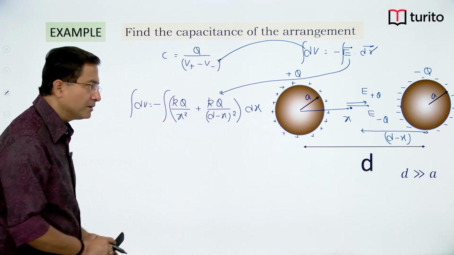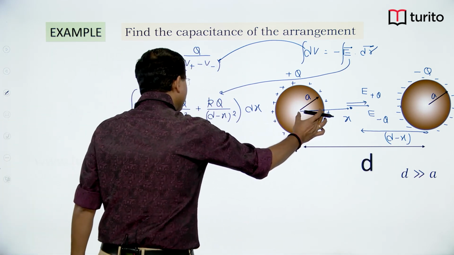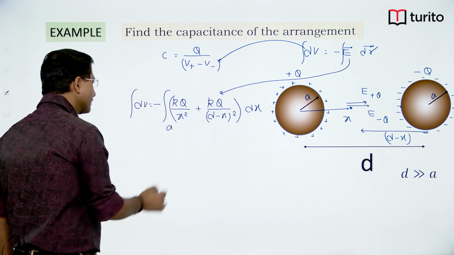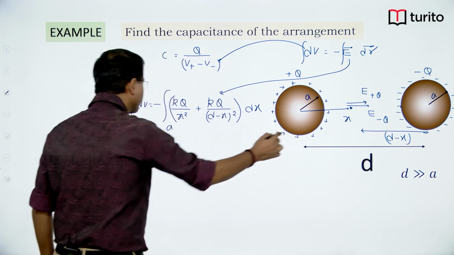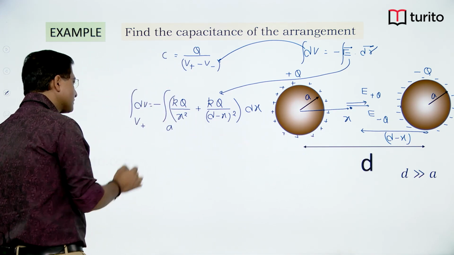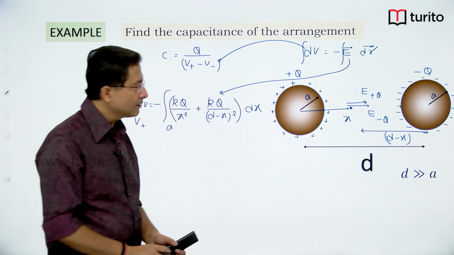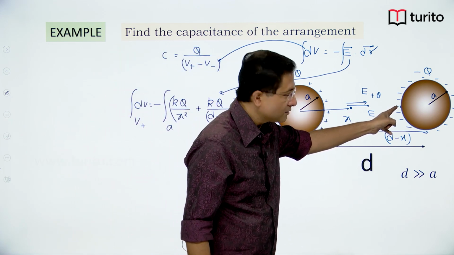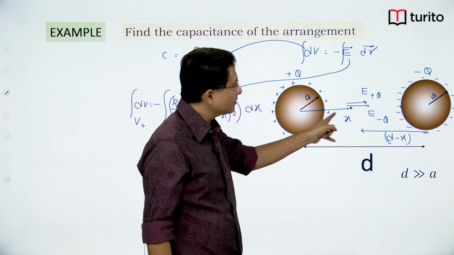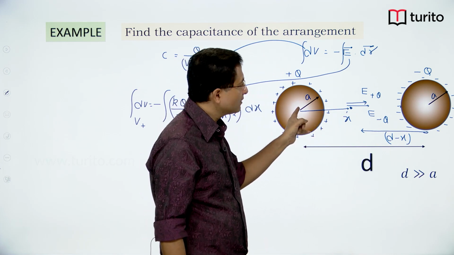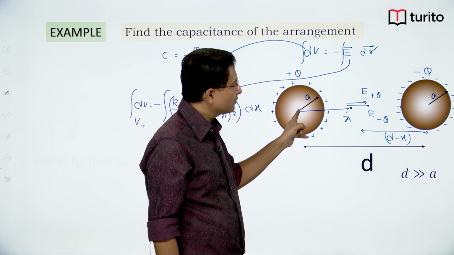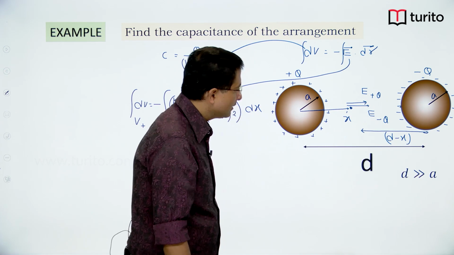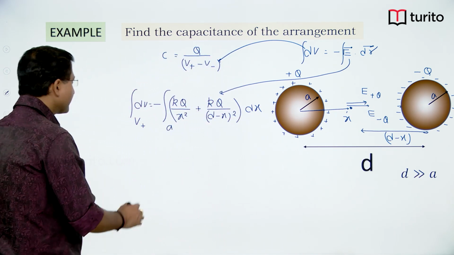So, the limit will be x equal to a, where we are on the positive sphere at V plus. Then as I increase x, I will reach the surface of the other sphere. I assume this x to be the distance from the center of this sphere, so from the center of this sphere to the surface of the other sphere, this distance is d minus a. So, here I can write d minus a.